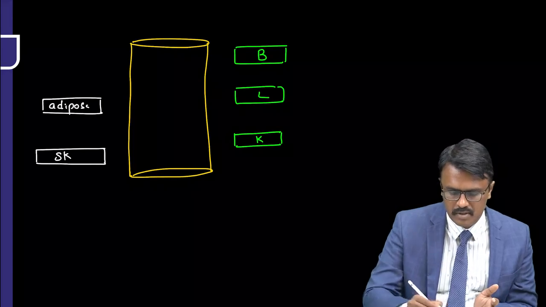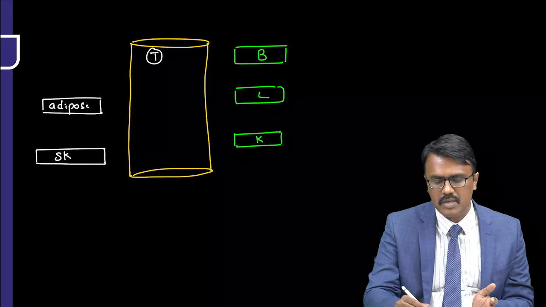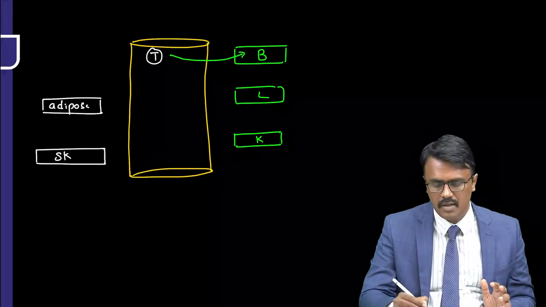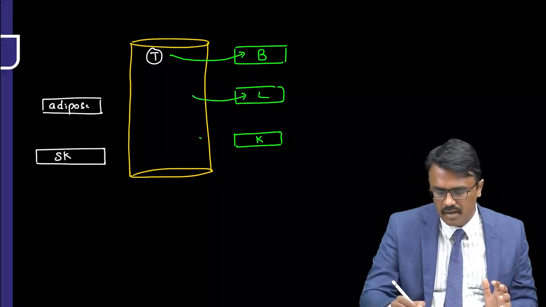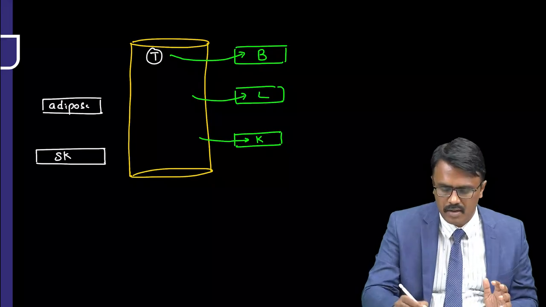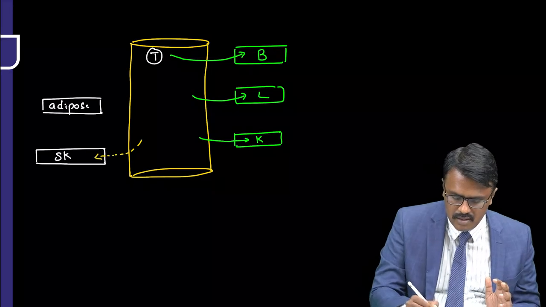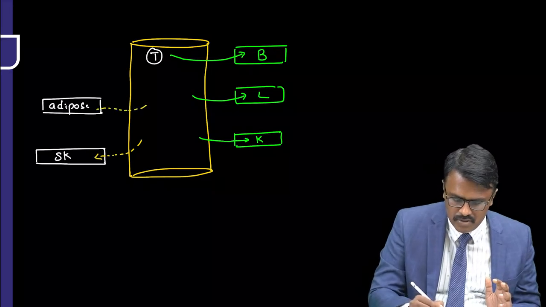So when we give thiopentone, which is highly lipid soluble, it enters the brain immediately. It will enter the liver and kidney, but it will enter the skeletal muscle very slowly, and the adipose tissue very, very slowly.